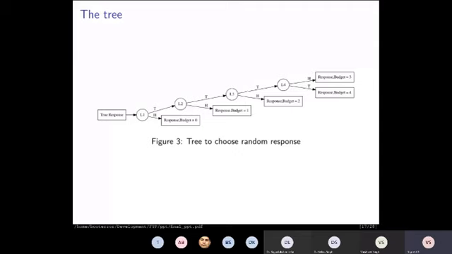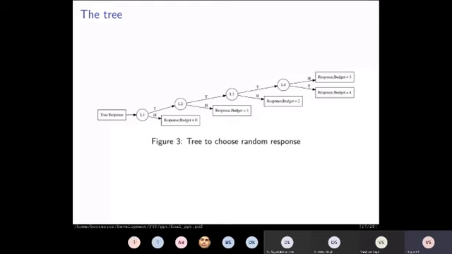But if it returns tails, it does the coin flip again, and if that coin flip returns heads, it goes to the set of responses of budget one and picks one at random. So imagine if you have four responses, it picks one uniformly at random. This is the main component in the proxy random responder.